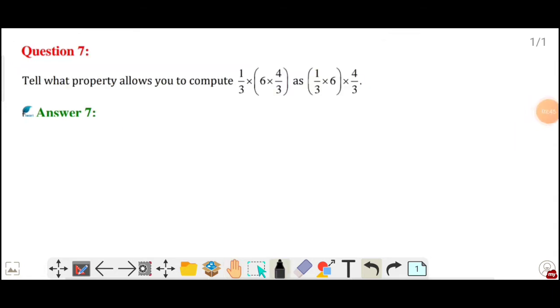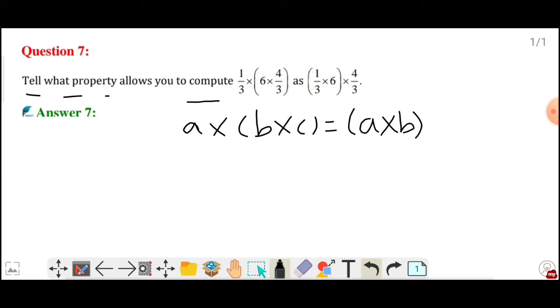Next, question number 7. Tell what property allows you to compute 1 by 3 into bracket 6 into 4 by 3 bracket closes, as bracket of 1 by 3 into 6 into 4 by 3. It is looking the same as A into bracket of B into C is equal to bracket of A into B bracket close into C. You can observe that on the left side the bracket is for the second and third numbers, but on the right side the bracket is for the first number and second number.